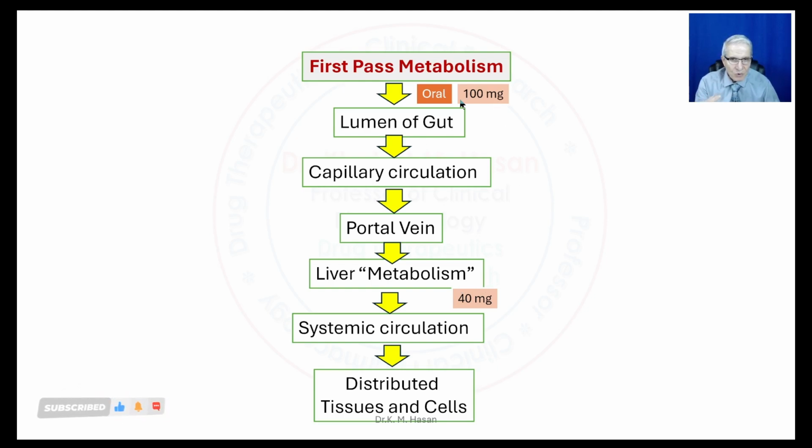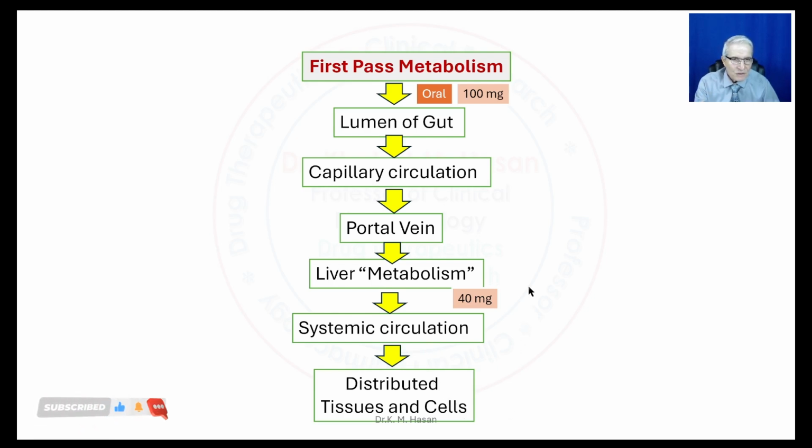So if you prescribe 100 milligram of acetaminophen, for example, and only 40 milligram of this acetaminophen arrives to the blood circulation, now we understand we have metabolism happening in the liver before the medication arrives to the blood. So the medication now leaves the liver after being metabolized, arrives to the systemic circulation, and is then distributed to the tissues and cells.